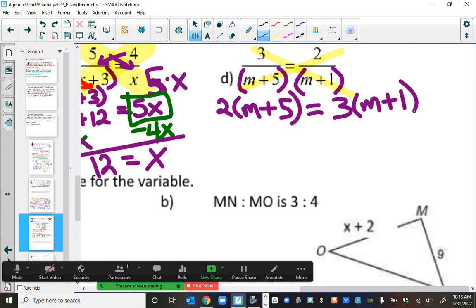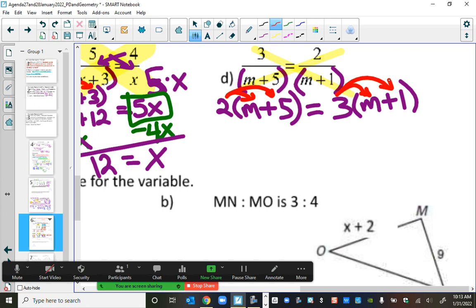Here's your setup. Now, just like we did before, what do we have to do? Do your distribution.